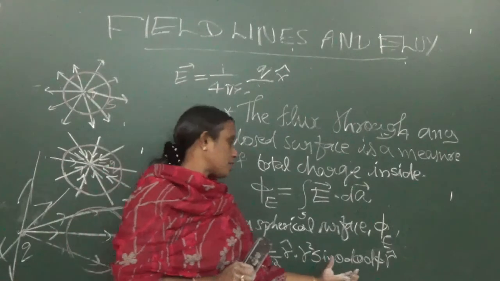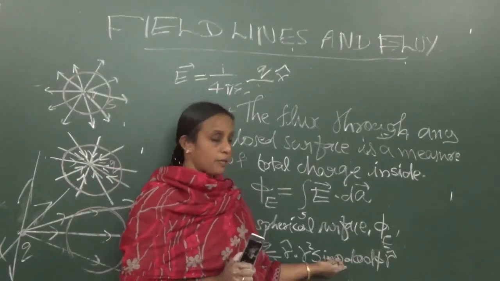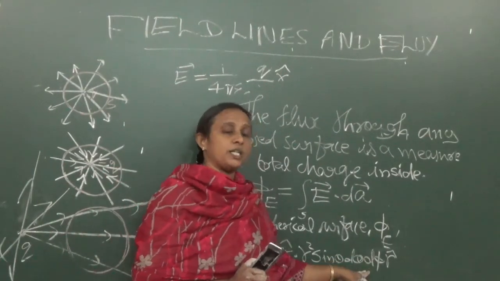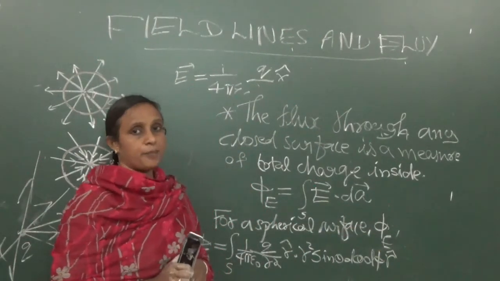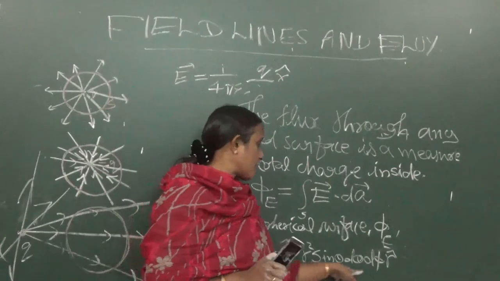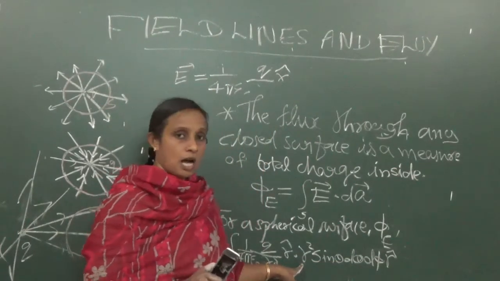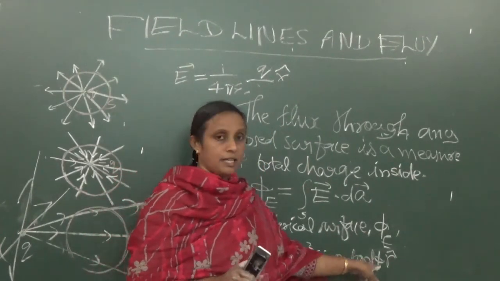You learned about this areal element earlier. In this case, this area vector should point along our radial direction, R cap direction. So the corresponding areal element should be like this: R square sin theta d theta d phi.